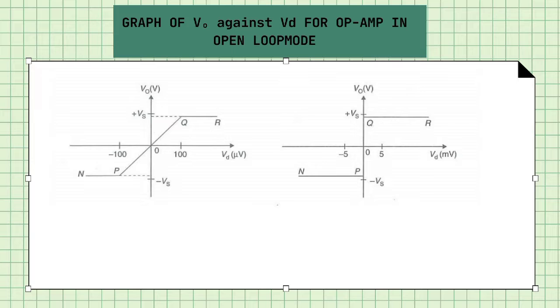So this is the graph of voltage output against VD for operational amplifier in open loop mode. The first graph on the left has the VD axis in microvolt, and the right one has the VD axis in millivolt. So there is the difference between them.